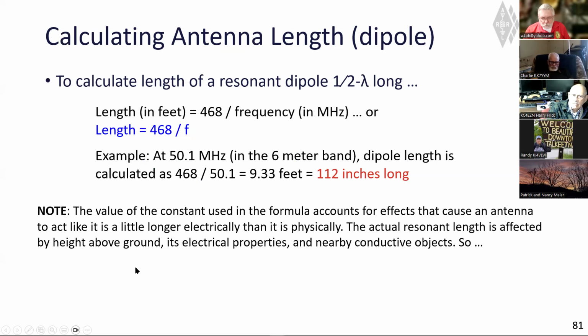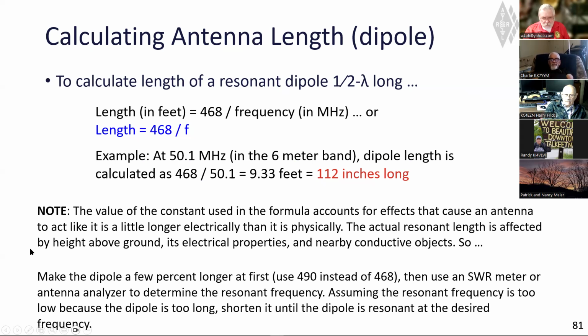Note, the value of the constant used in the formula accounts for the effects that cause the antenna to act like it is a little longer electrically than physically. The actual resonant length is affected by height above ground, its electrical properties, and nearby conductive objects. So, make the dipole a few percent longer at first.